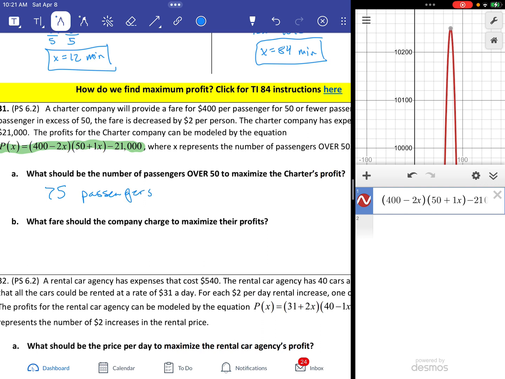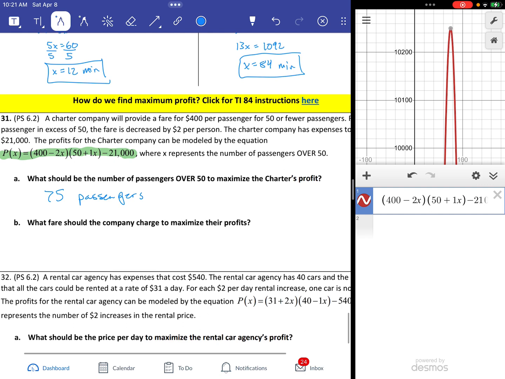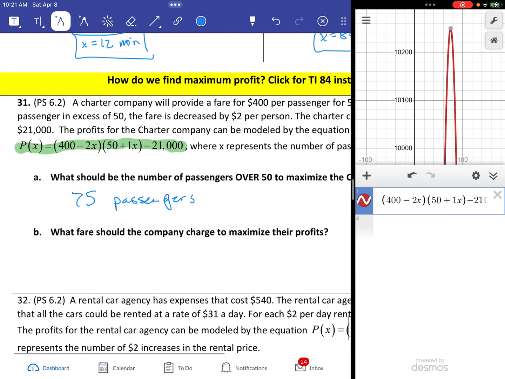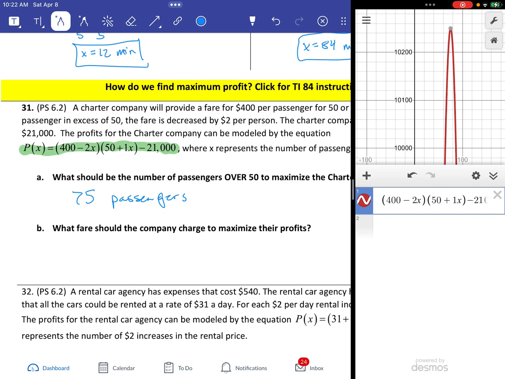Okay, now what fare should the company charge to maximize their profits? So we're going to put 75 in for the part where it's profit. So the fare is $400, but it's being decreased by 2. So this is the fare. We're going to do 400 minus 2 times 75.